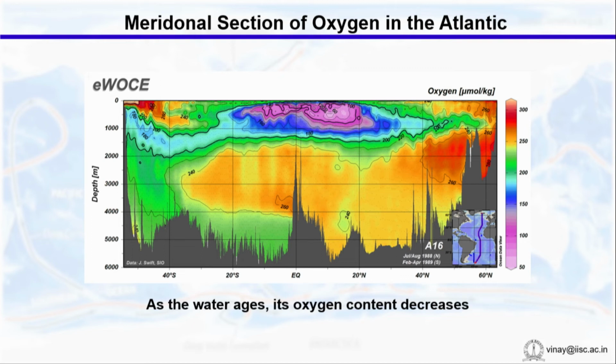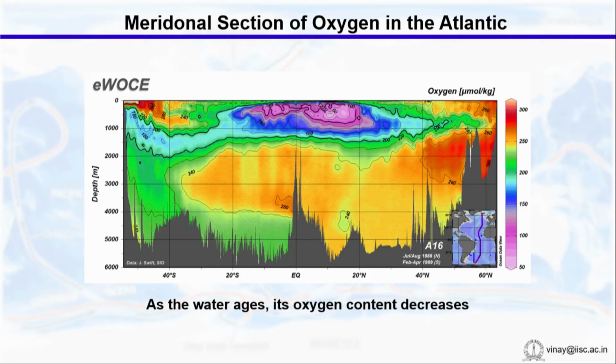Now, the water at the surface in the ocean exchanges oxygen with the atmosphere, and usually the surface waters are high in oxygen content, as you see in such regions. Once the water sinks into the deep ocean, the oxygen is consumed and the concentration of the oxygen decreases. Therefore, as water ages, its oxygen content decreases.